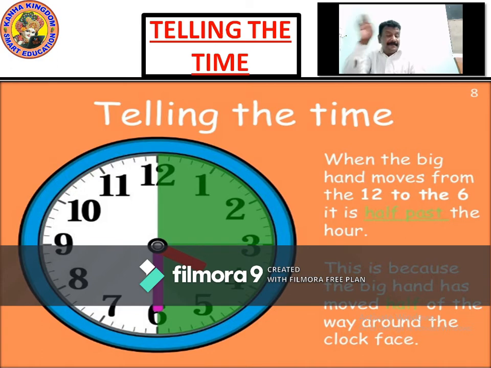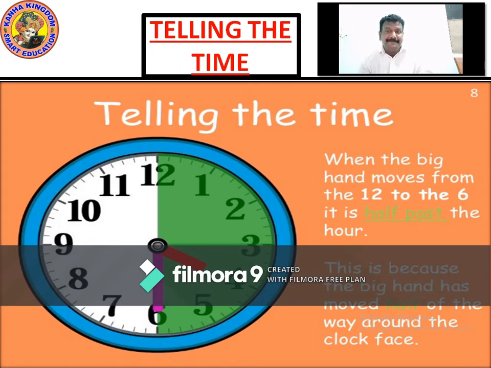Half past means it's 30 minutes past. This is because the big hand has moved half of the way around. From 12 to 6, it is half up. So it is called half past. Quarter past is 12 to 3. Half past is 12 to 6. Write this down. Quarter past, 12 to 3. Half past, 12 to 6.